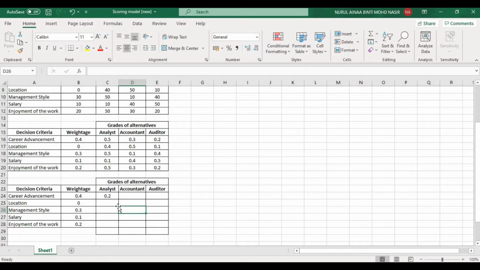Then copy this formula from cell C24 to E28 to provide the result in rows 24 to 28.